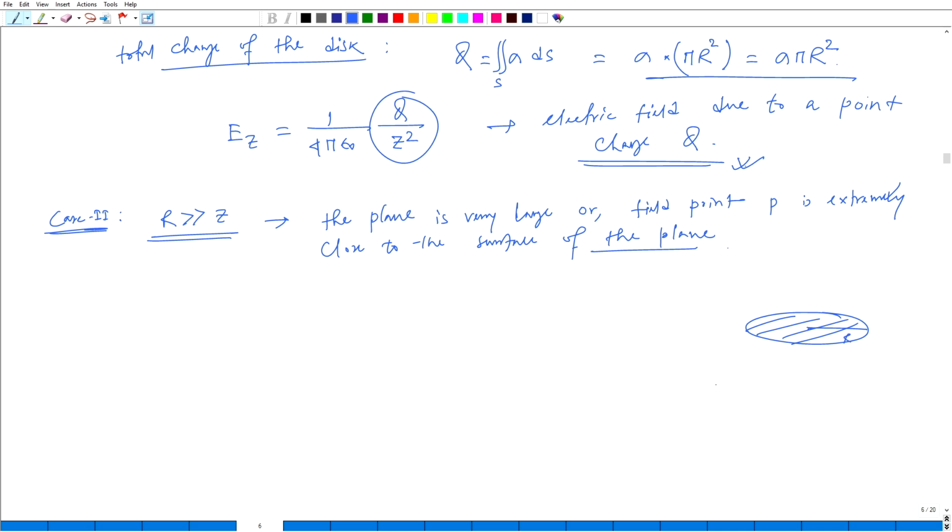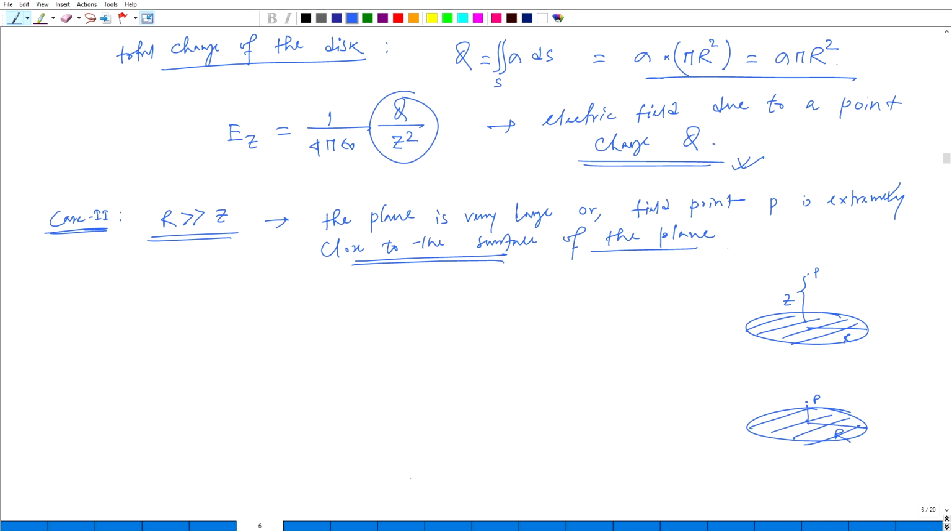If you consider a point P here, and the radius of the disc is very large compared to the distance z, that means you consider an infinite plane. Or in another way you can say that this point is very close to the disc, such that if you are looking at the disc from this point, it is again infinitely large. So, you can reach this condition in two ways.